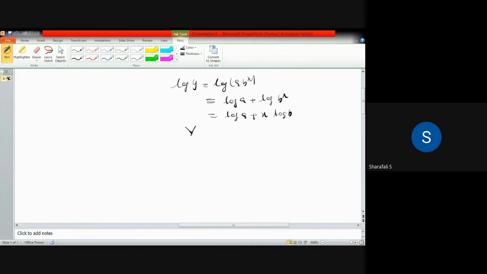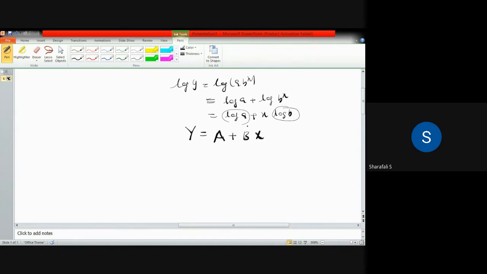So if you consider this as capital Y, this will be equal to a constant plus another constant. Let's consider this as A and this as B into small x.